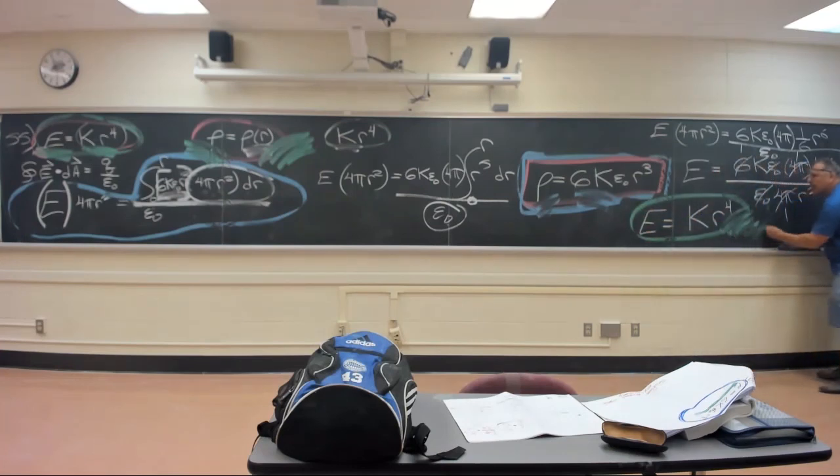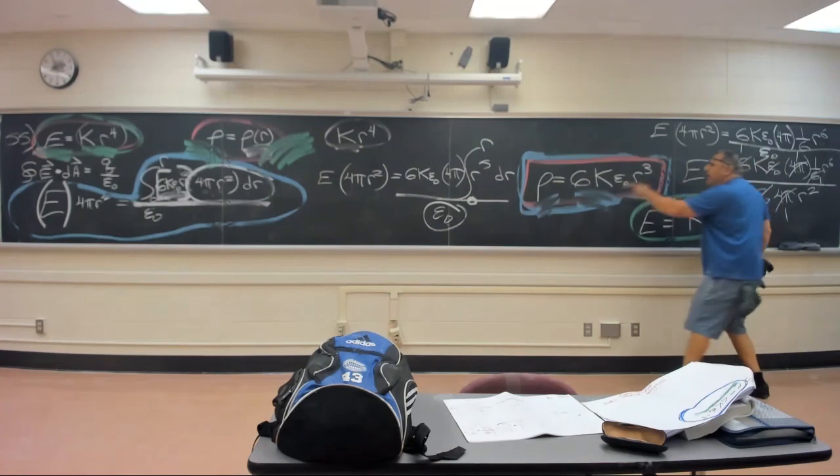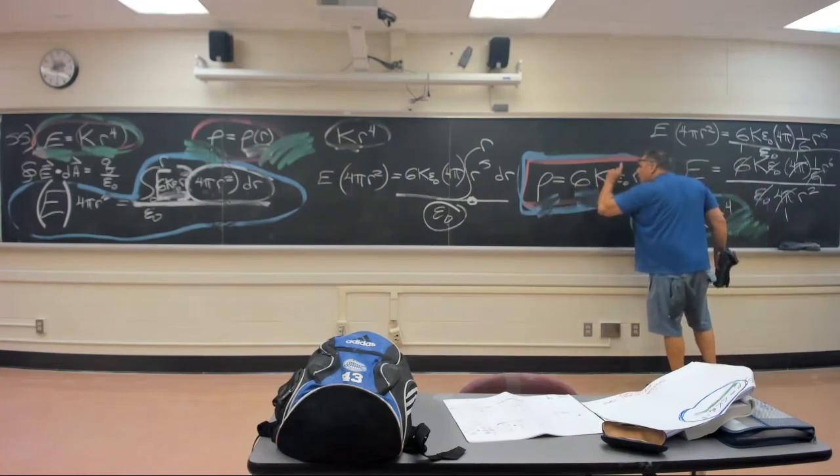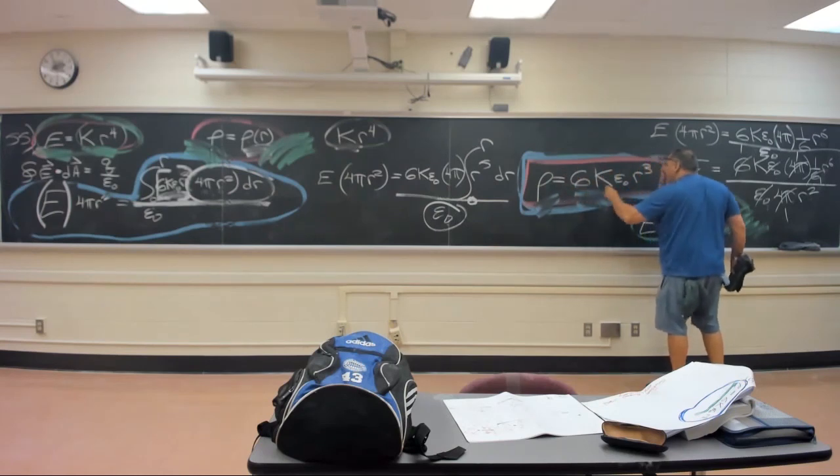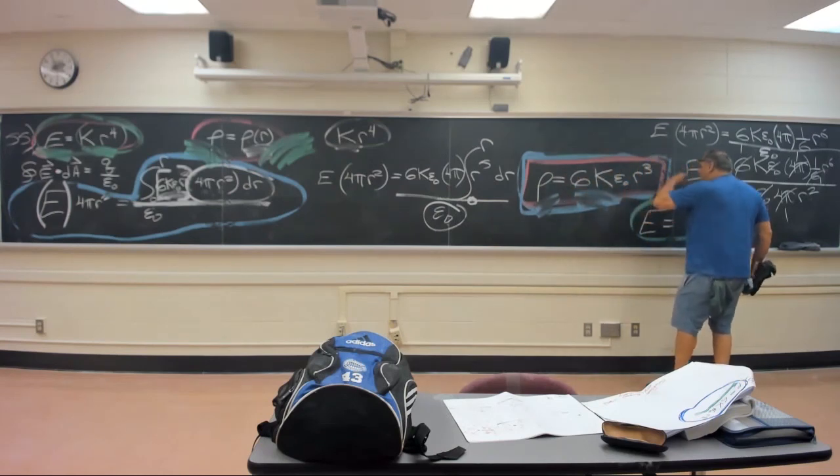That confirms it's true. This rho of R, which is a function of R, equals 6 capital K epsilon naught R to the 3rd.